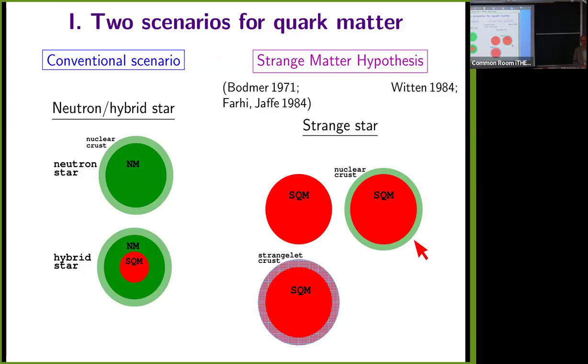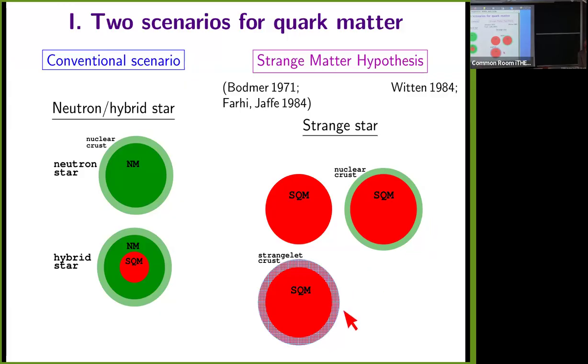The idea there is you have all this quark matter, and then the quark matter comes to an end, but because of some of the characteristics of the quark matter, in particular the strange quark mass, there's some charge at the surface, which creates an electric field, which repels nuclei that come up to it. So if you gently drop some nuclear matter onto this strange star, it might stay on the surface, suspended on an electric field, and you'd get a nuclear crust.